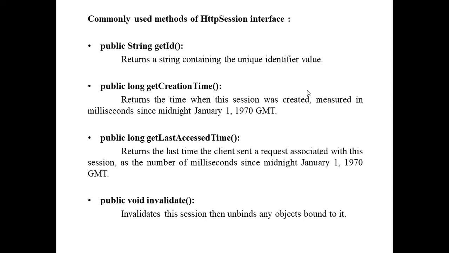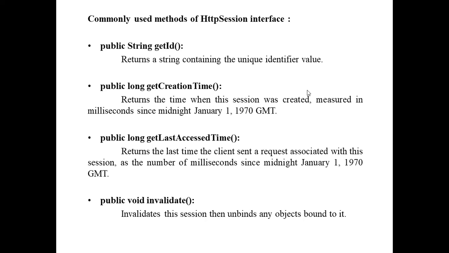Second method is public long getCreationTime. It returns the time when this session was created, measured in milliseconds since midnight, January 1, 1970. So the getCreationTime method is used to return the session creation time.